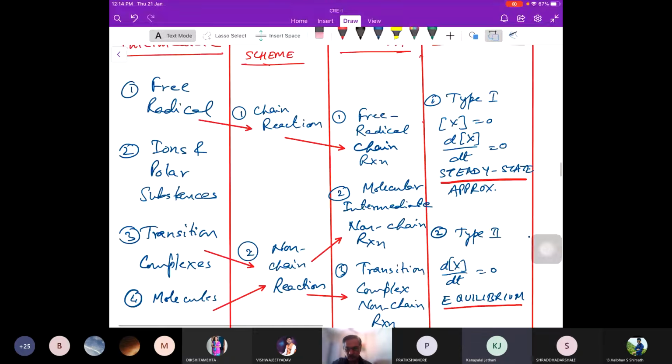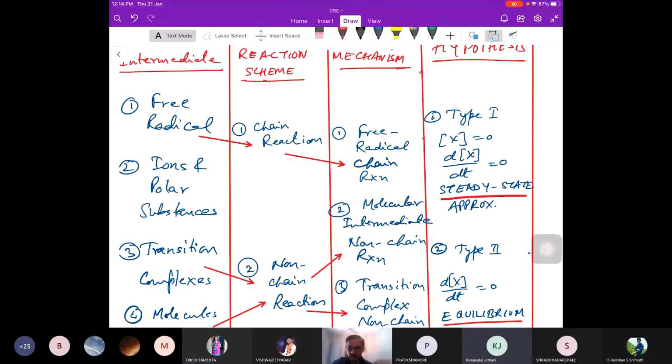Sir, why is it that a transition complex has only non-chain reaction? Now you are going into chemistry, right? Basically this comes from chemistry. I don't know too much chemistry, but this is the observation. Why it happens, only chemistry people can tell you. I don't have an answer to that. It's just an observation, and this is what is given in the book also.